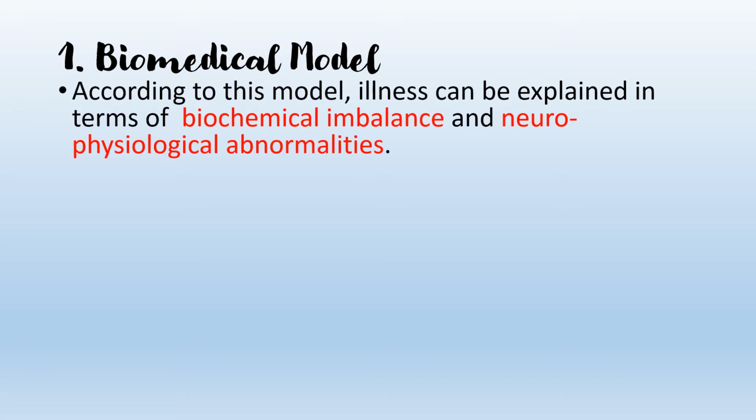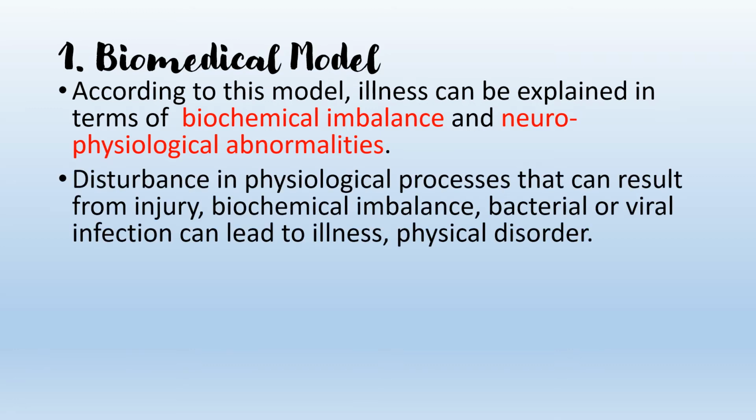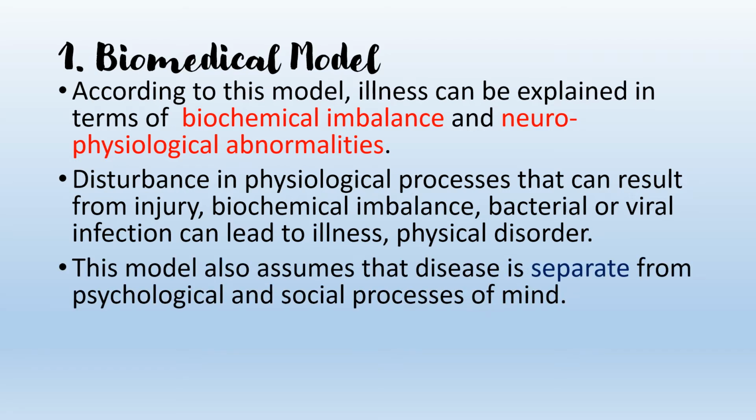Number one is the biomedical model. According to this model, illness can be explained in terms of biochemical imbalance and neurophysiological abnormalities. And disturbance in physiological processes can result from injury, biochemical imbalances, bacteria, viral infection that can also lead to illness and physical disorder.